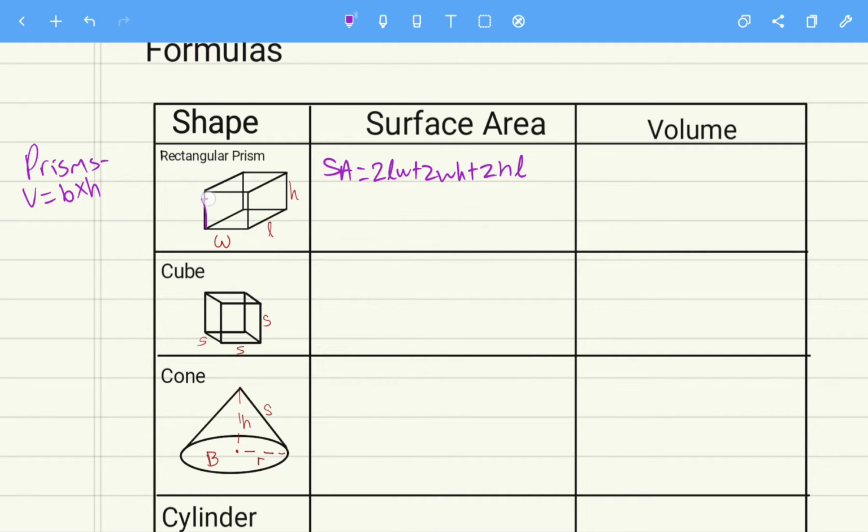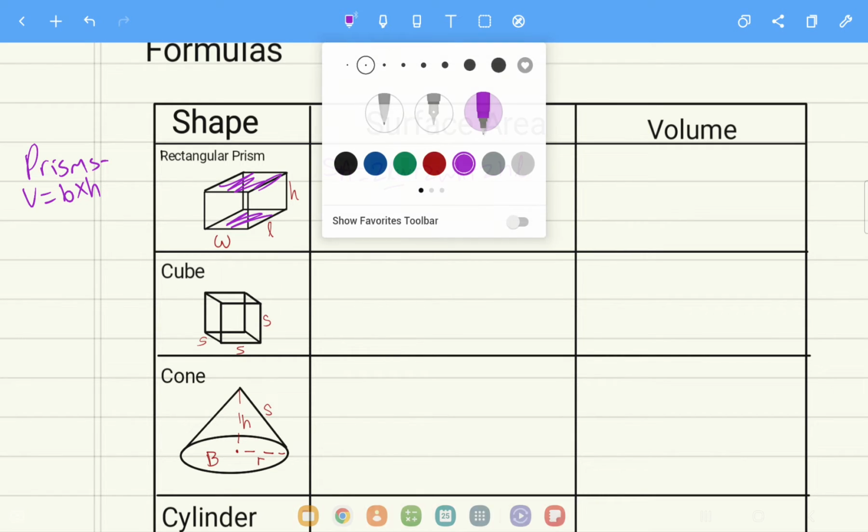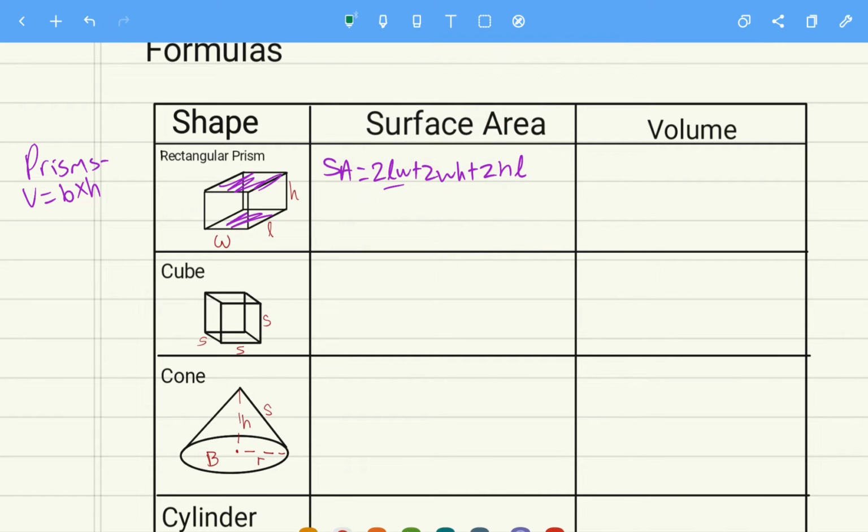That's because we have 2 of each face with those areas. So length times width, that would be this bottom face and this top face. Width and height, that would be this back face and this front face. And the height and length is the other sides.